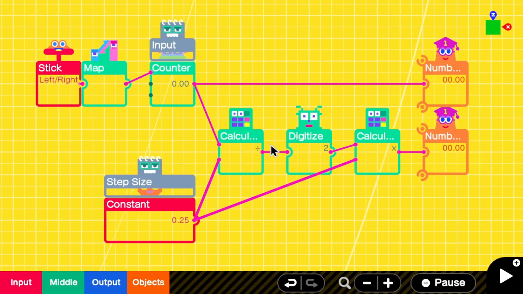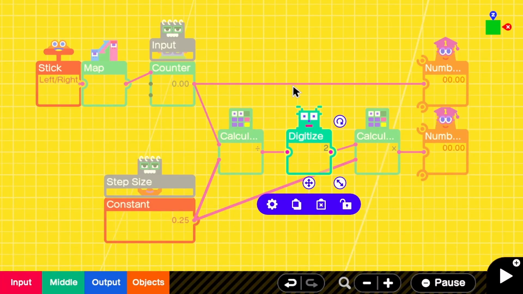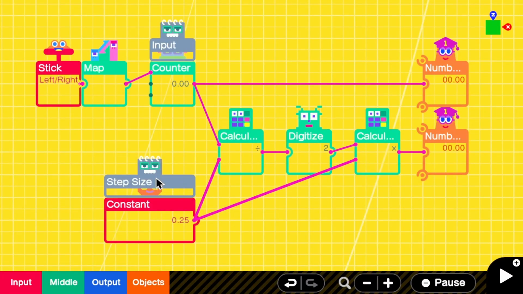Now at this point, you might be seeing what we can do here. Before, with the simple digitize node, we could only set our number of stages between 2 and 50. Or in other words, our step size could only be between 1 and 0.02. But with this, we can easily change the step size to be whatever we want.